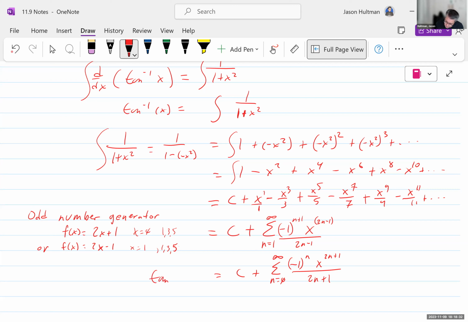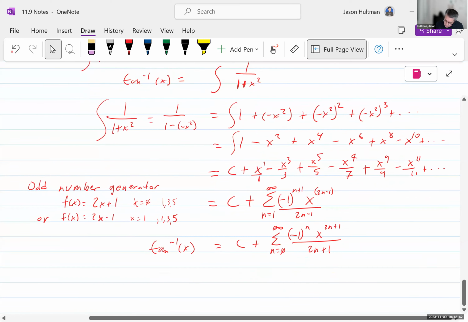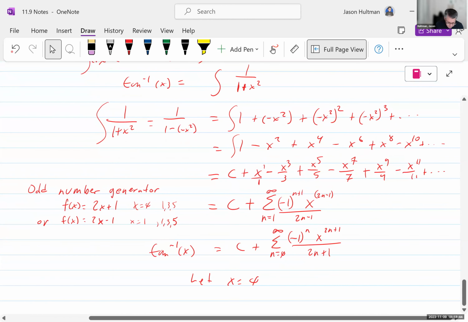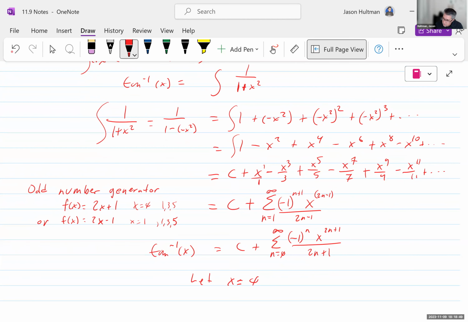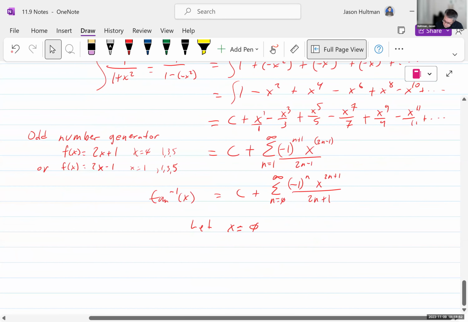And so what is this equal to? This equals the inverse tangent of x, right? So again, how could I get rid of my c? Well, I'm just going to let x be 0. If we let x equal 0, then we want the inverse tangent of 0 to be equal to c plus, and every term involves a power of x, so every term is going to go to 0.